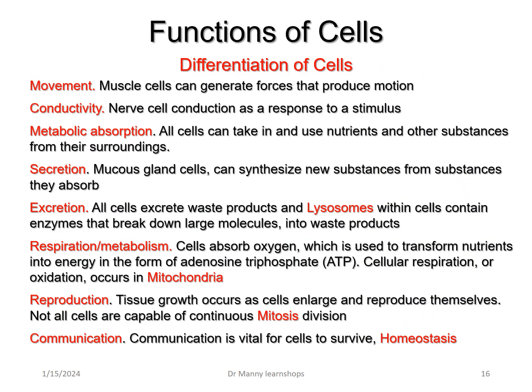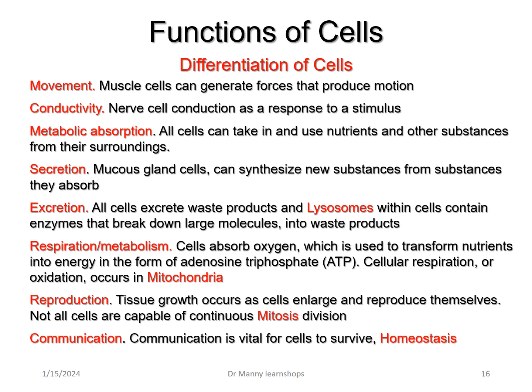When we look at the functions of cells, cells have different functions depending on what body part or tissue they're related to. For example, muscle cells are related to movement. Neurons or nerve cells are related to conductivity. Together, nerve cells and muscle cells can generate movement.